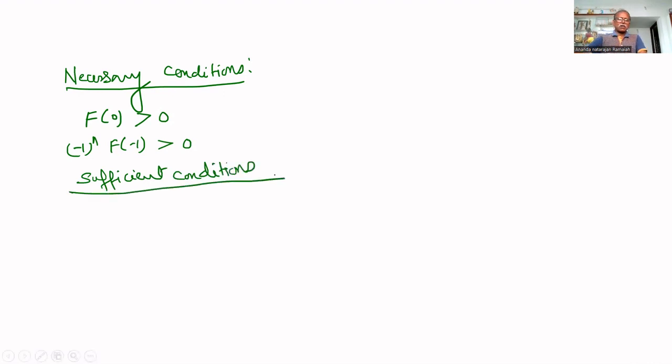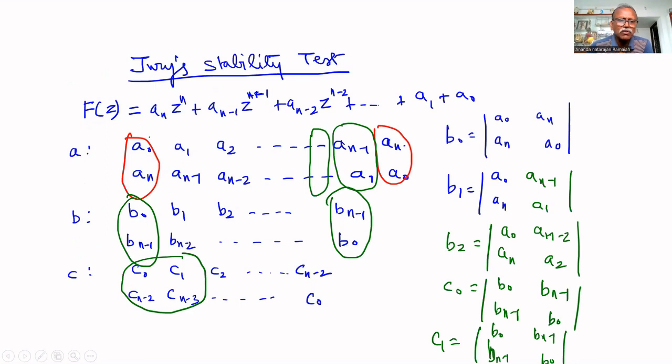The sufficient conditions are: modulus of A0 must be less than modulus of An. From the first row, we consider this element and this element.